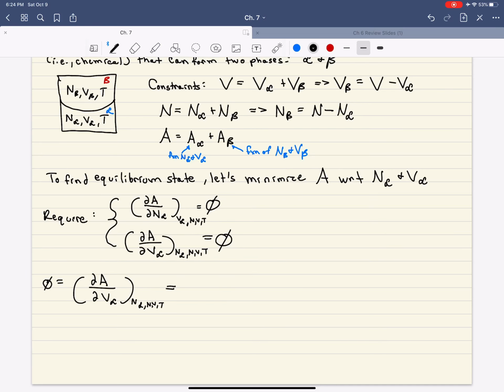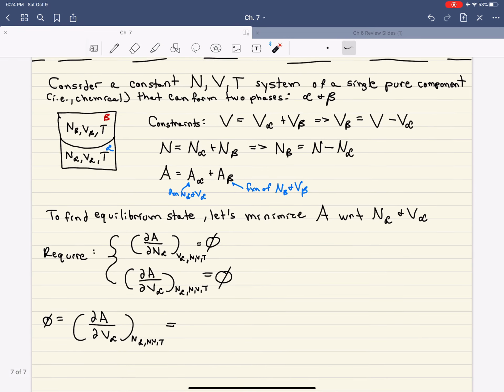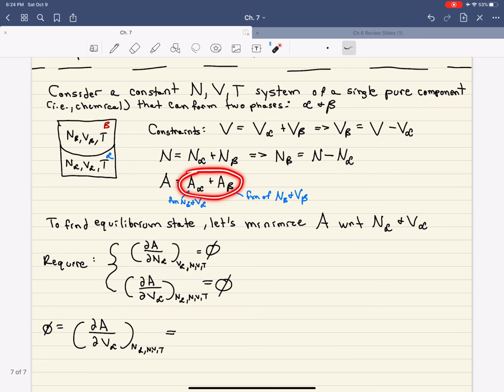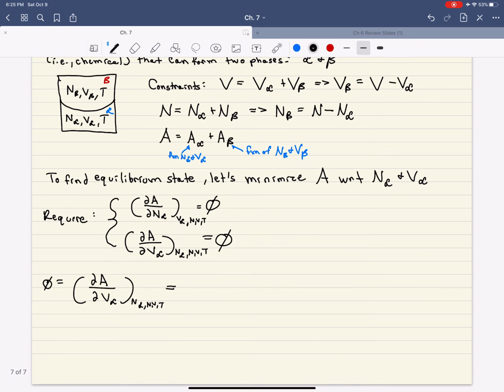Okay? So this is the partial derivative of total A. And we know that total A is equal to the sum of the A's of each of the phases. And so if we're differentiating total A, what we're really differentiating are these. Okay? So we need to write out their partial derivatives too.